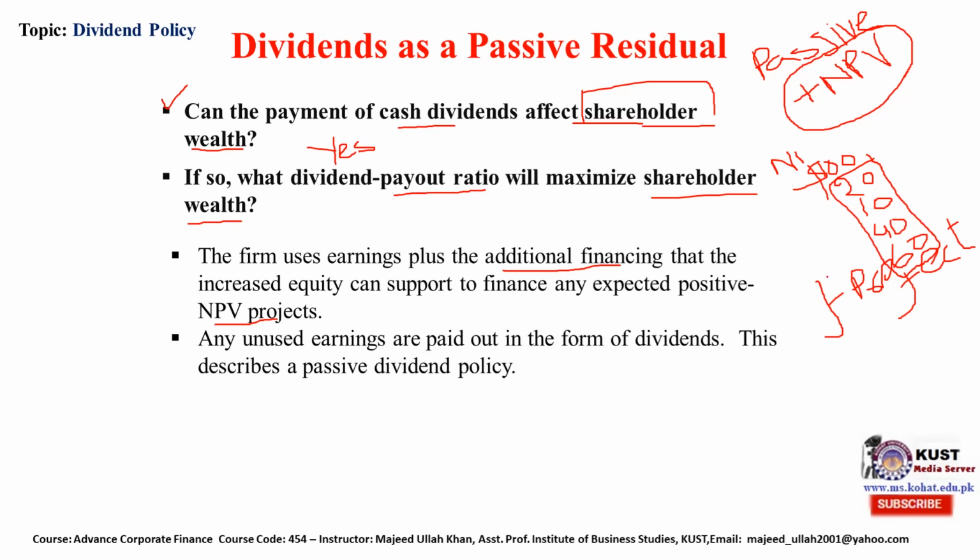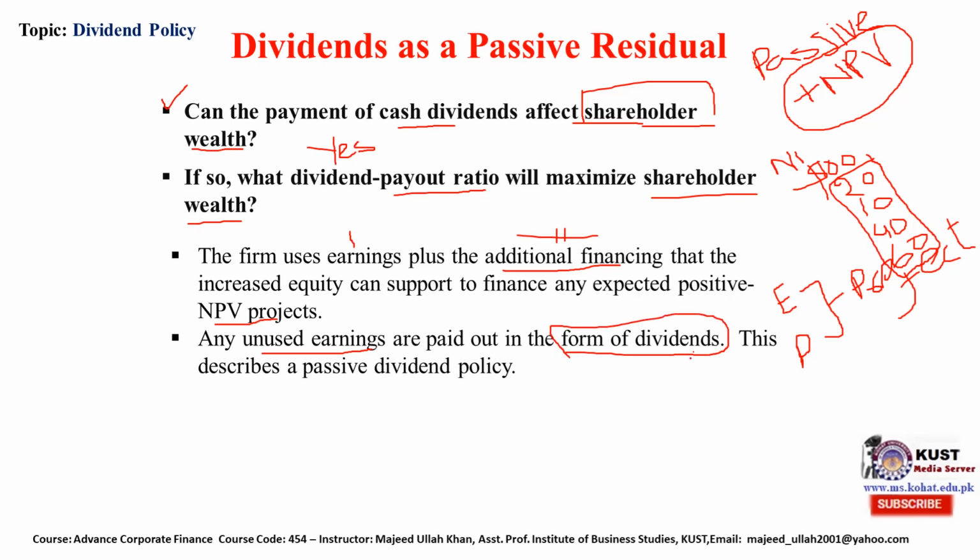There are often two sources. One is external, and the other is the earnings of the company, the profit the company earned during the year. Additional financing is one source, while the second source is their own earnings. So any unused earnings are paid out in the form of dividend to the shareholders.